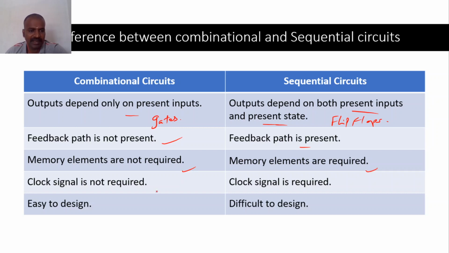Clock signal is not required for combinational circuits, but it is required for sequential circuits because we are using memory, which won't work without the clock signal. Combinational circuits are easy to design, while sequential circuits are more difficult because they consist of a feedback part. These are some of the differences between combinational and sequential circuits.